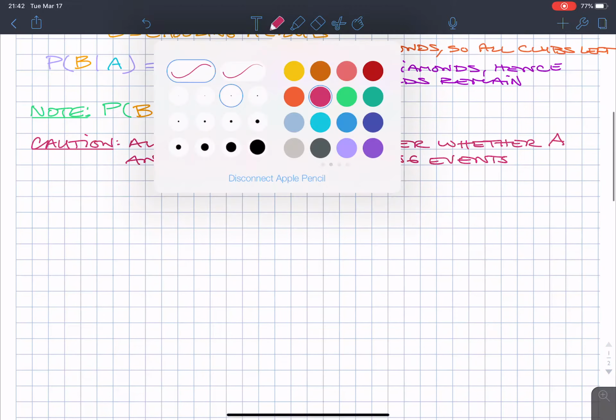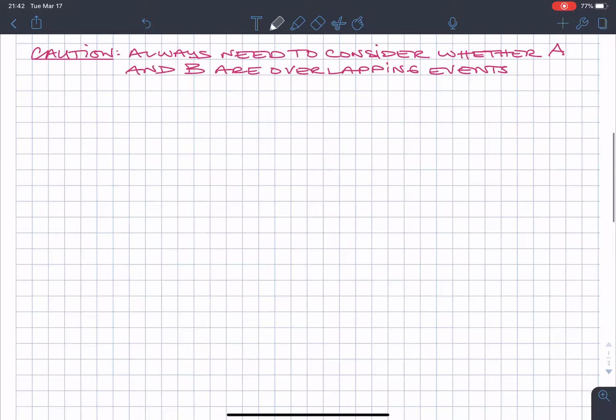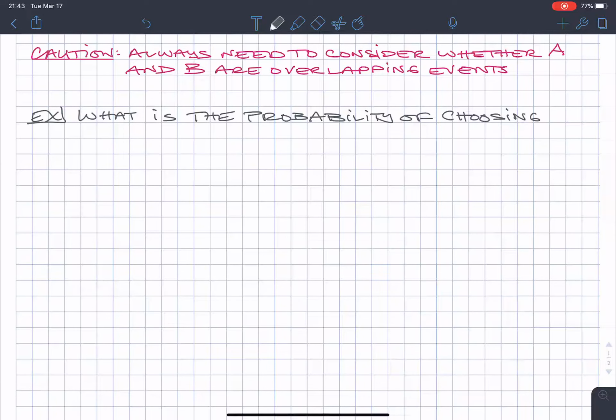Okay, so for example, what is the probability of choosing an ace of clubs, followed by another club?